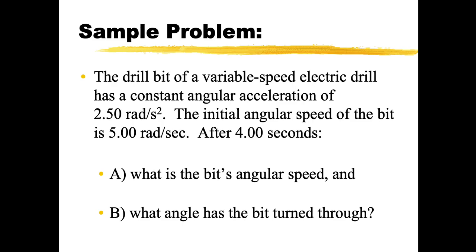The initial angular speed of the bit is 5 radians per second. After 4 seconds, what is the bit's angular speed and what angle has the bit turned through? So after 4 seconds, angularly speaking, how fast is it going, and how many times has it gone around? What angle has the bit turned through?